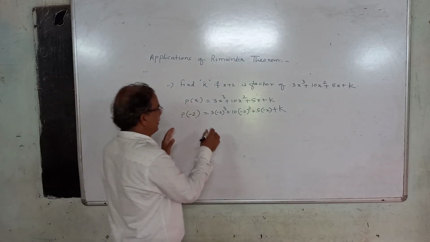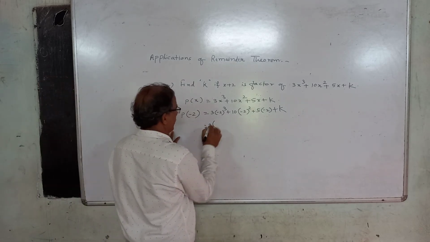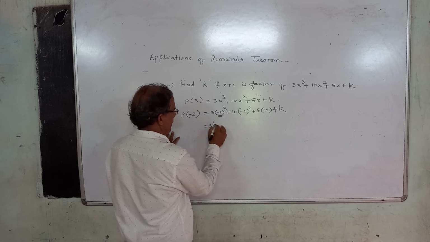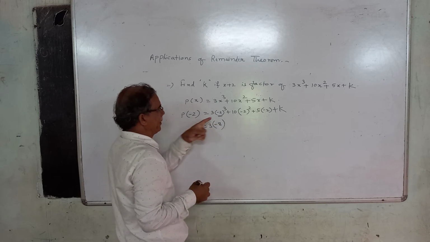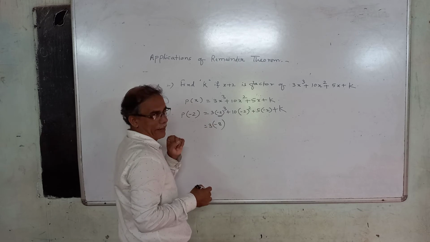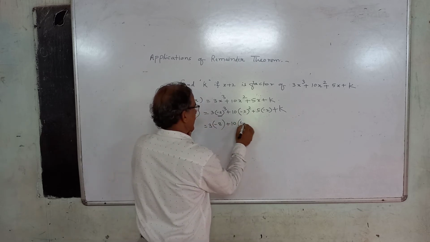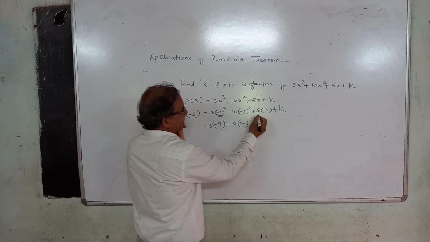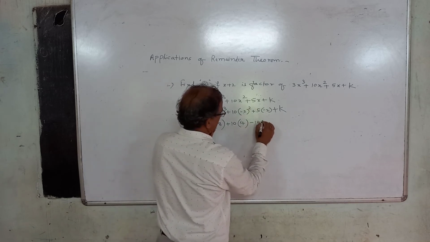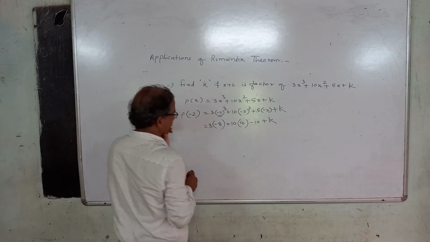Now let us simplify this. 3 into minus 2 cube: 2 cube is 8, with the negative sign, so it is minus 8. Plus 10 into minus 2 square, that is plus 4. Plus 5 into minus 2, it is minus 10. Plus k.